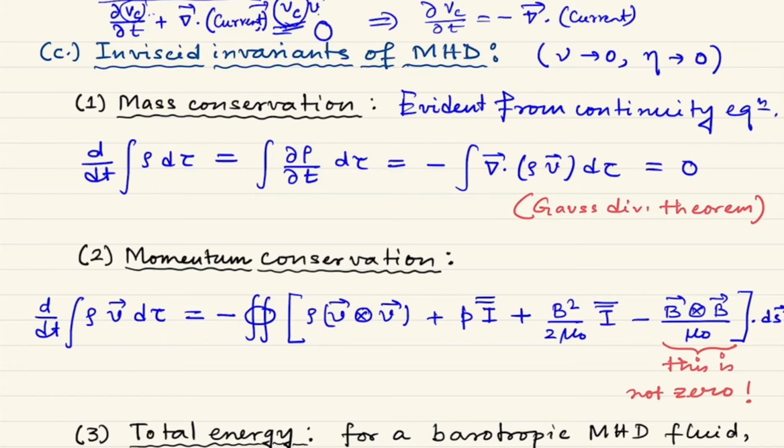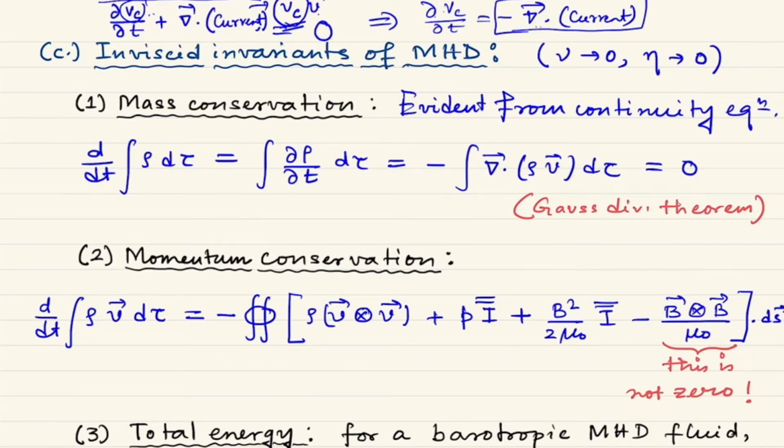If I can write del Vc del t as the divergence of some quantity, then actually we are done. But it is preferable, as you understand, that the divergence should be of some field quantity, with which it is then easy to use Gauss's divergence theorem.